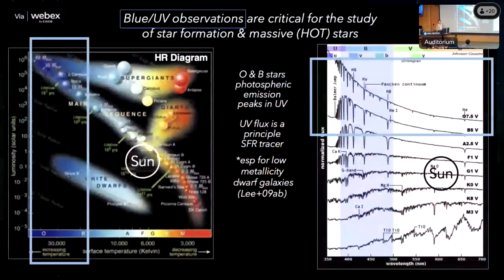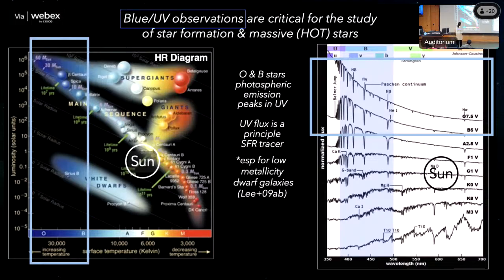And so how does this connect to why we need Habitable Worlds Observatory? Of course, massive stars are extremely hot, right? The bar UV indicators are a very standard way of measuring the star formation rate in the greater universe.